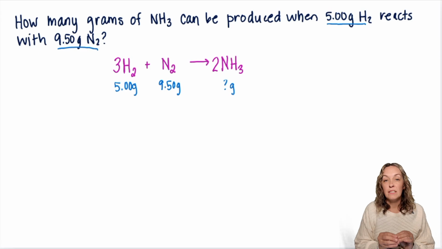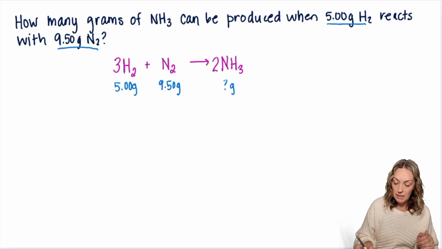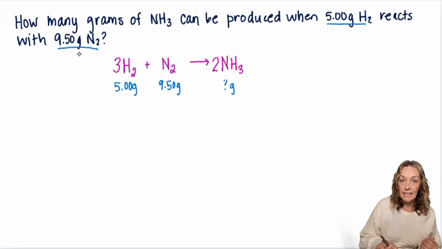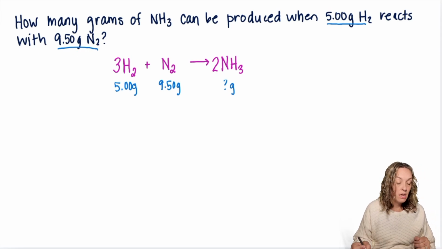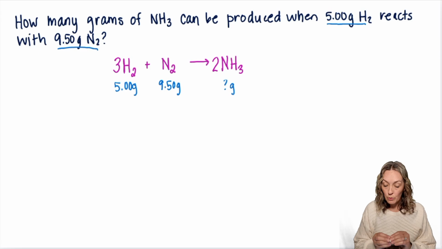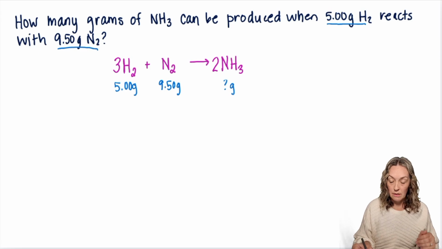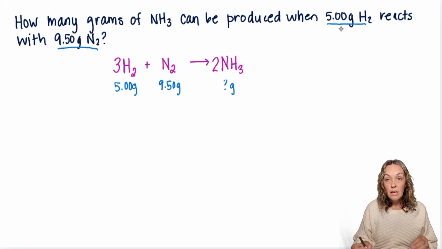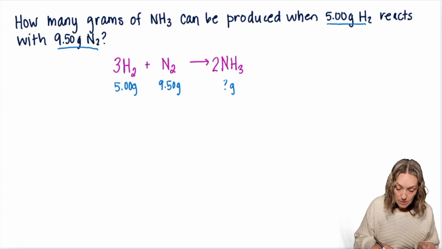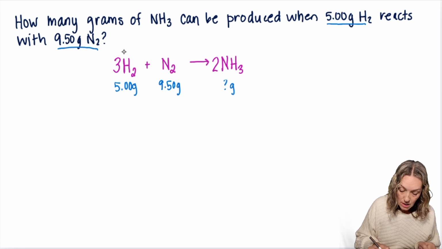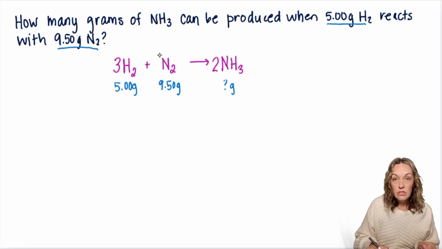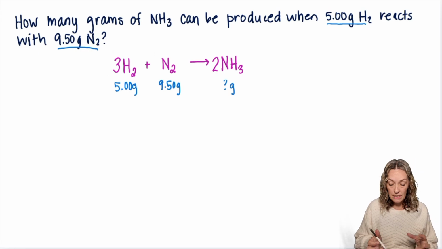Now, it is tempting to assume that hydrogen is the limiting reactant because there's 5 grams of it, which is less than the 9.5 grams that we have of nitrogen. But this is not a true statement. We can't assume that the hydrogen is the limiting just because there's less grams. This is for 2 reasons. First of all, according to the balanced equation, the hydrogen and the nitrogen are not consumed at the same rate.